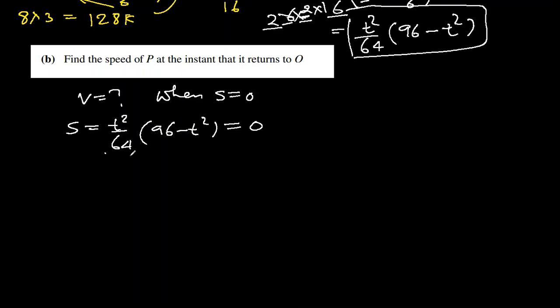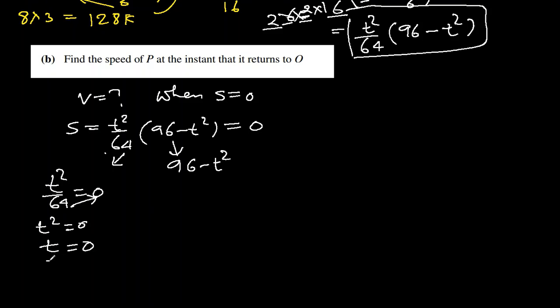Since these two parts are factored, we can straight away write either t square over 64 equal to 0 or 96 minus t square equal to 0. So it cross multiplies, becomes 0. So t square equal to 0, square root both sides, t equal to 0. We already knew that displacement is 0 when t is 0. So this is not new.